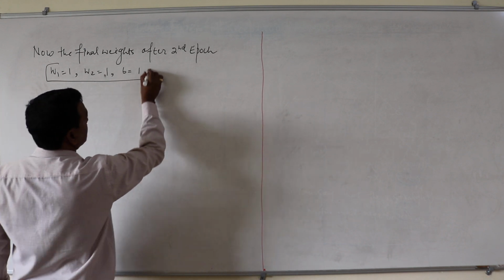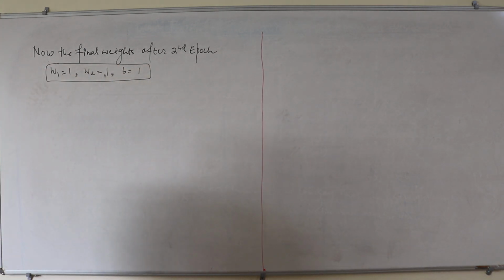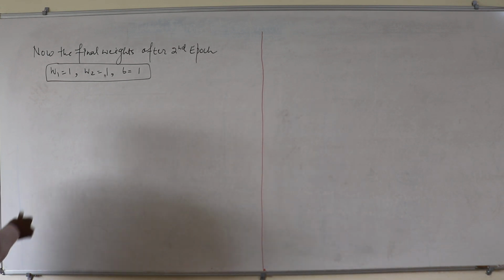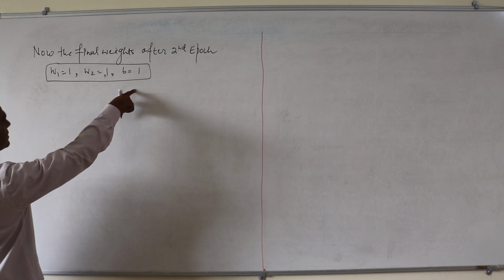So these are the final weights and bias. After the second epoch, we have seen 2 epochs in the table, epoch 1 and epoch 2. So after the second epoch we have found these weights and bias.